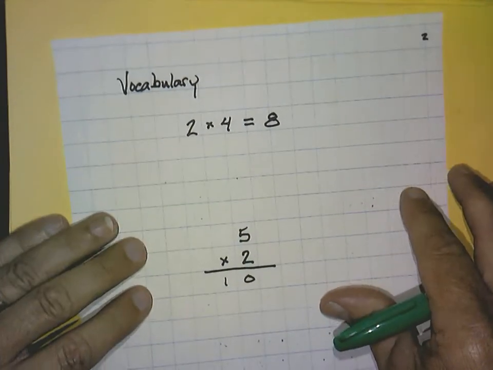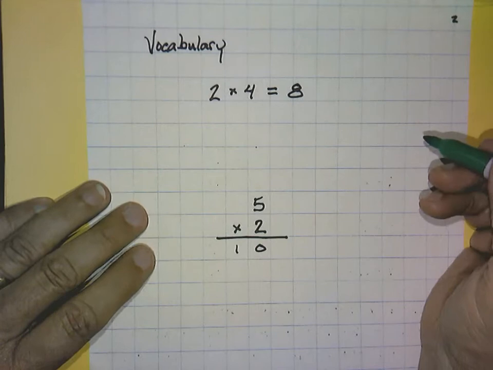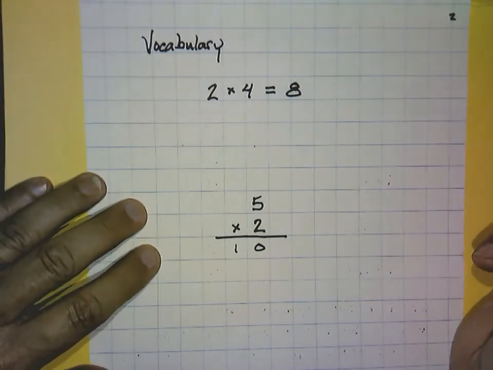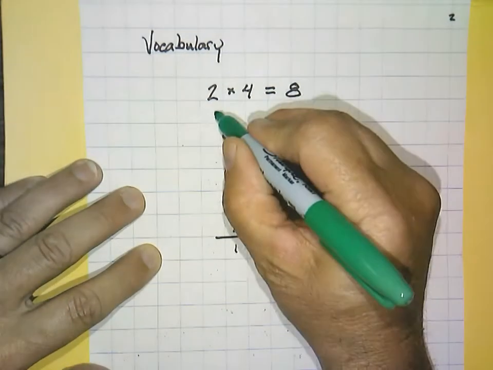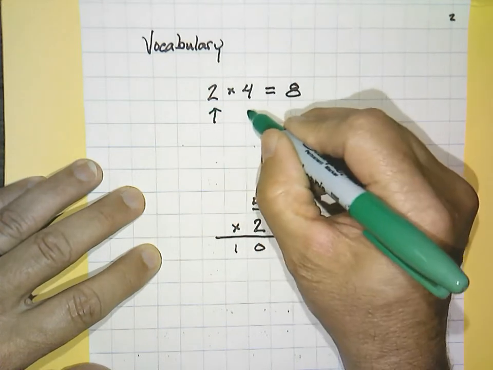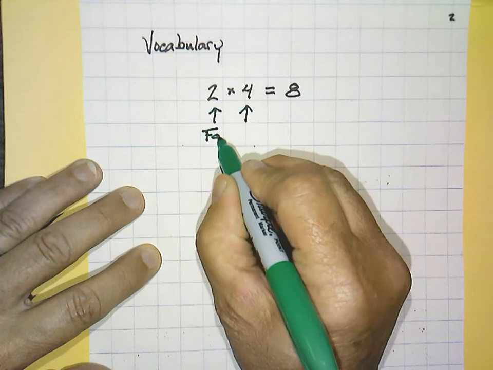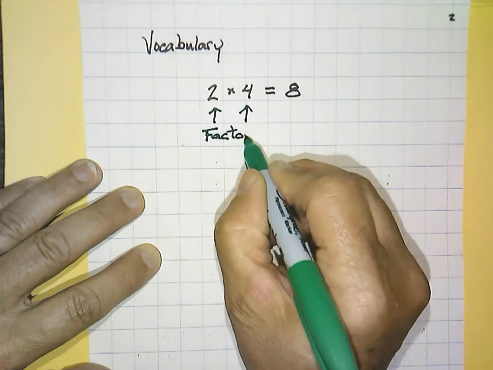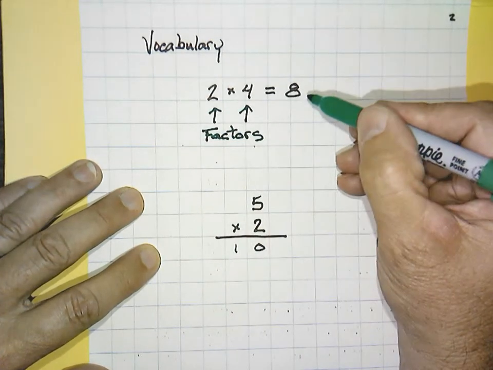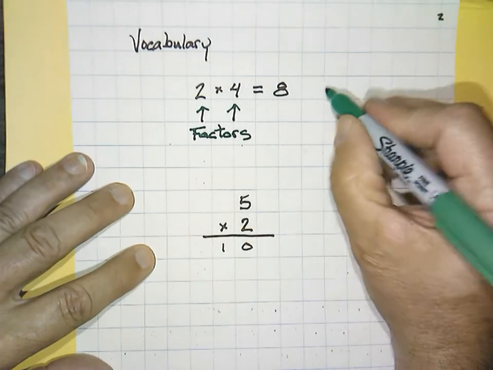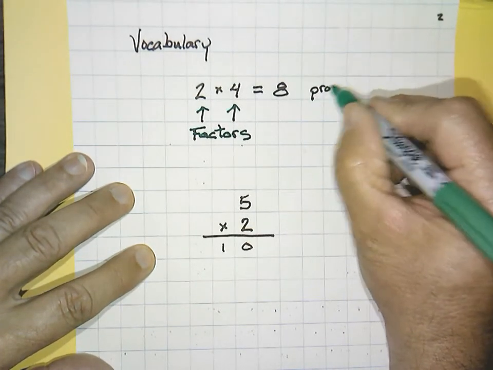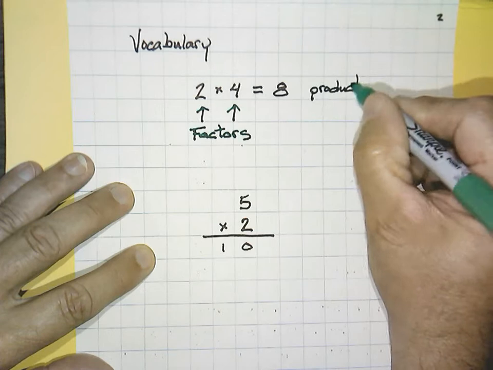Math always has vocabulary terms that go with it. For multiplication, we have factors and product. The numbers that you multiply are called factors. And the answer to a multiplication problem is called the product.